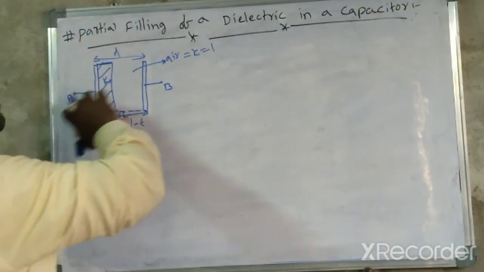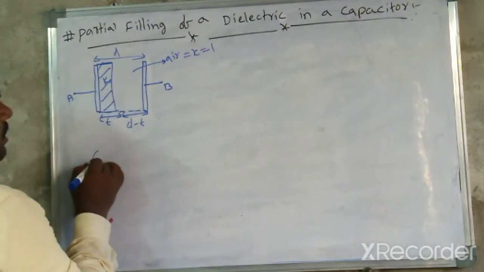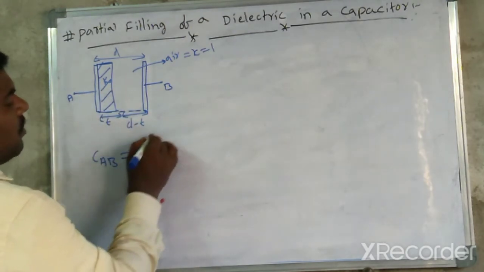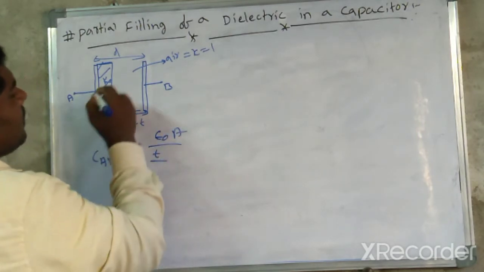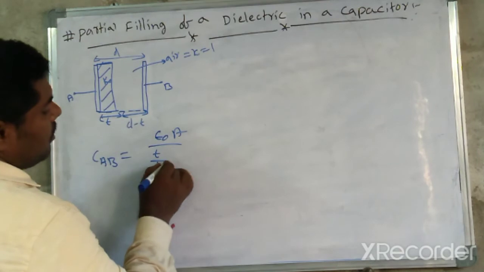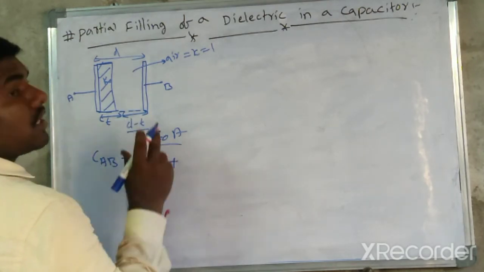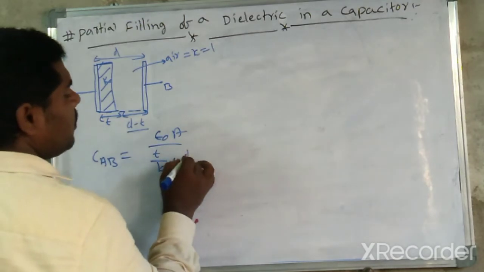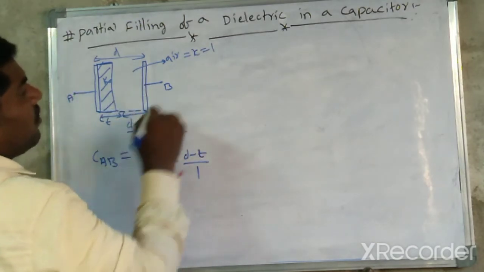Here the equivalent capacitance AB is equal to epsilon naught A divided by T divided by the dielectric constant K, plus the remaining separation distance D minus T divided by the dielectric constant value 1.